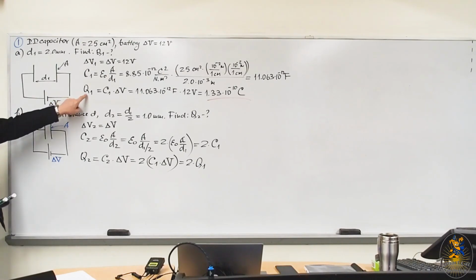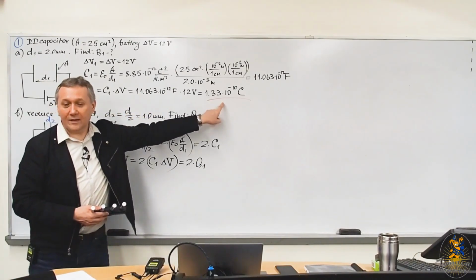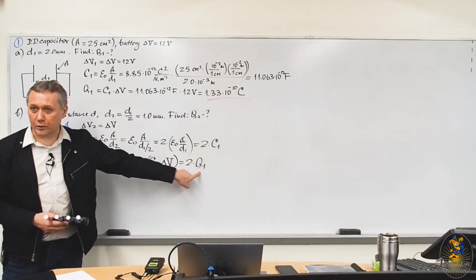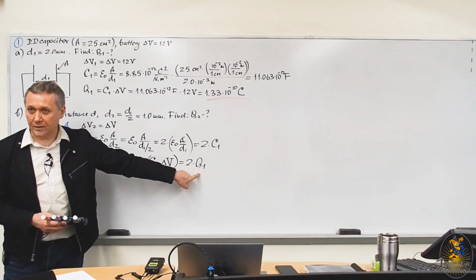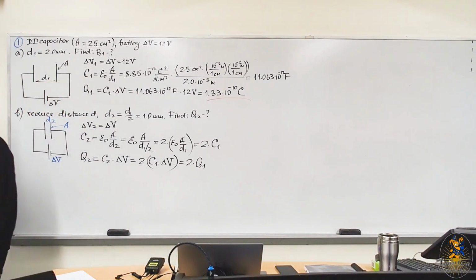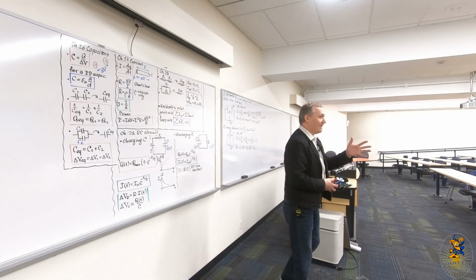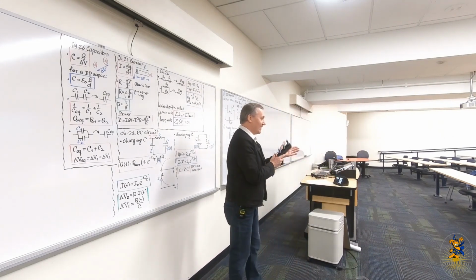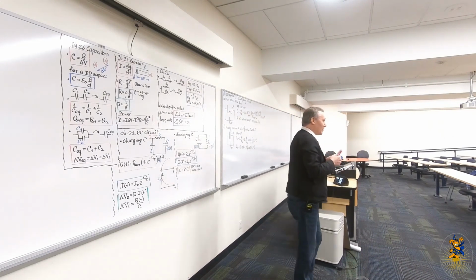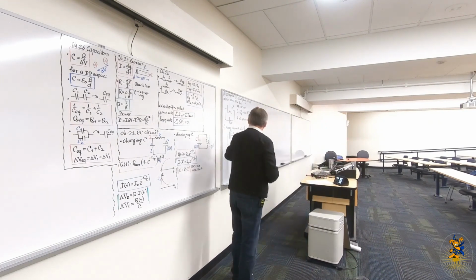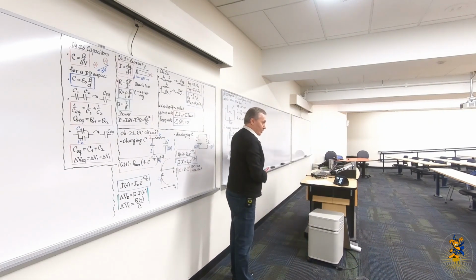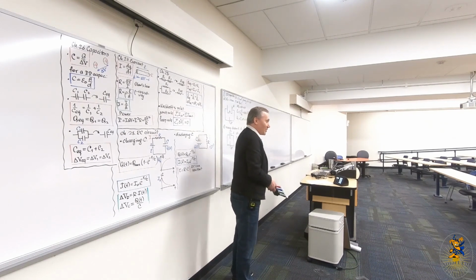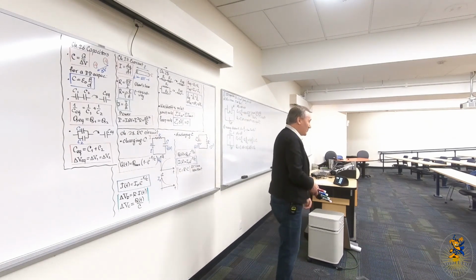Look, in the first case, we had Q1. In case B, we have 2 Q1, so the extra charge is Q1. Where does that charge come from? Very, very simple question. There's only one place: from the battery. We just drained the battery, right? Yeah, of course, very simple.